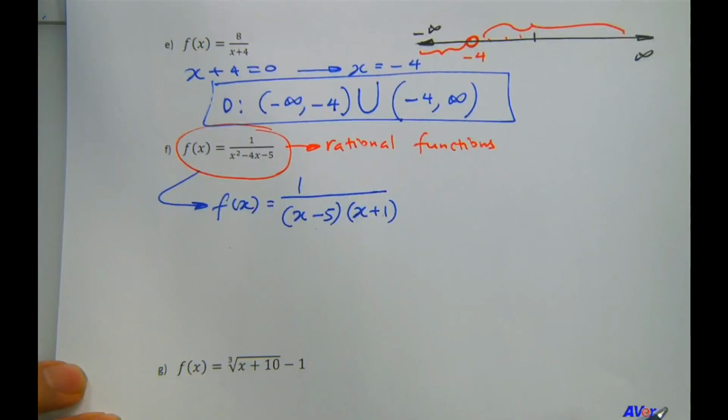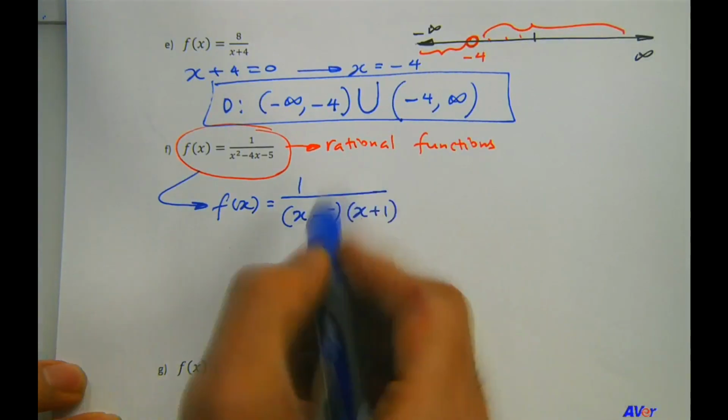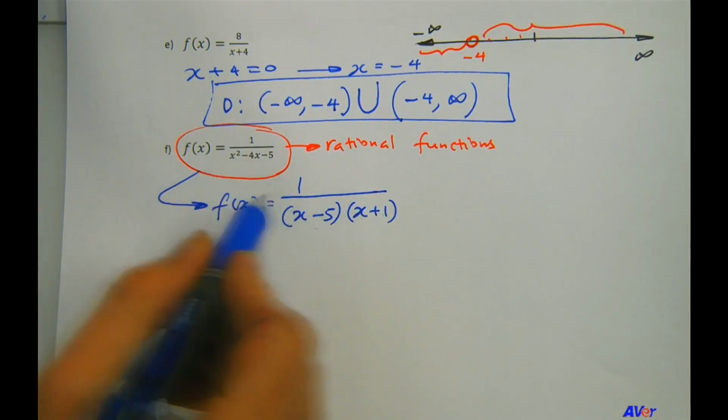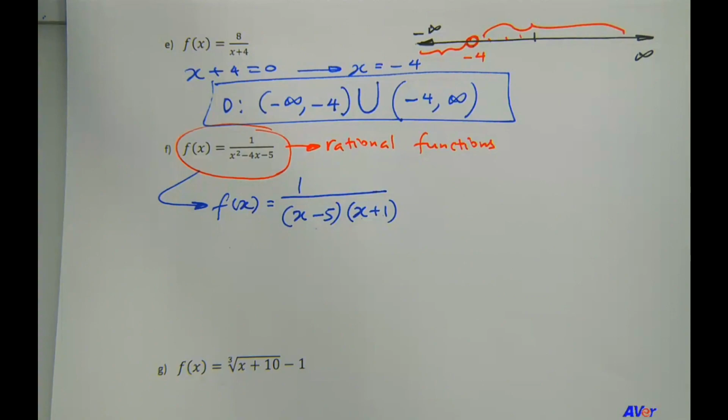Okay? So now since we factored the denominator, the lesson you should take away from this particular example is that whenever you have an expression that is not in factored form in the denominator, you must factor it. Factor the expression in the denominator to see what makes the denominator equal to 0.